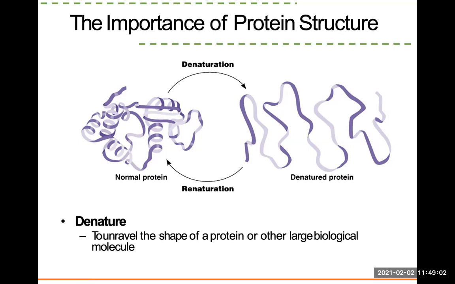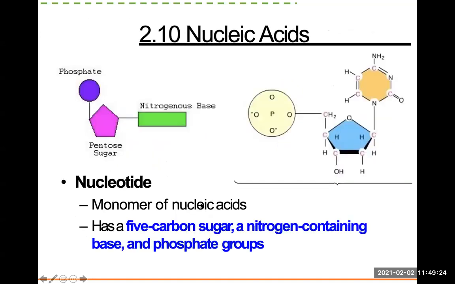If you have an egg and you boil the egg, the proteins inside the egg get denatured, basically because you increase the temperature. Denature is to unravel the shape of a protein or other large biological molecule. So that's called denaturation, when the protein loses its shape.